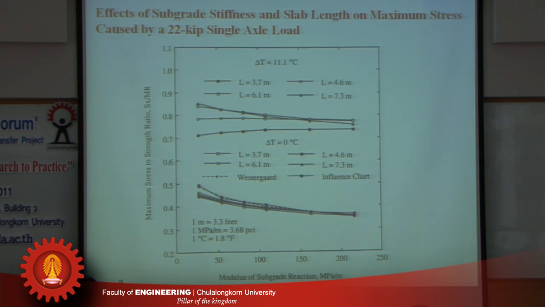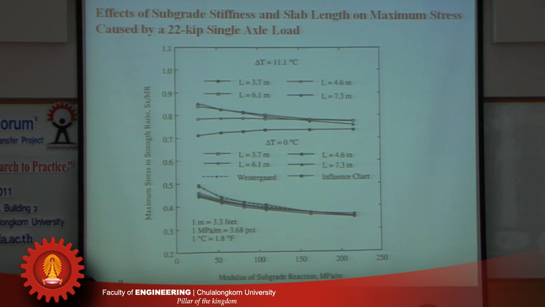Now we analyzed the effects of the various factors by assuming a temperature differential. Here is a plot of maximum stress versus modulus of subgrade reaction. These plots are for the condition when there is no temperature differential.